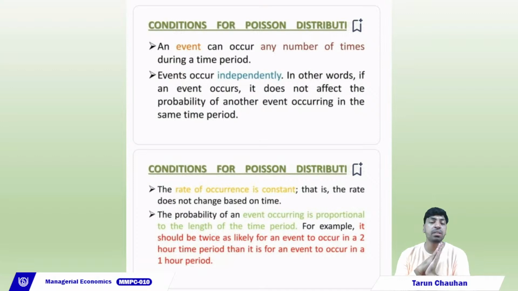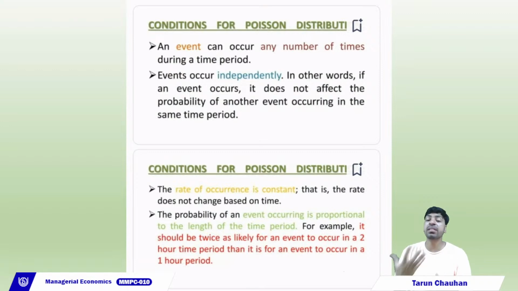Whatever calculation is to be done, whether it's births or a number of trials, it depends on the period of time, whether a 2 hour period, a 3 hour period, or an event occurring within a 1 hour period. Those are the conditions of the Poisson distribution. So once you are calculating any probability, it should be based on time.